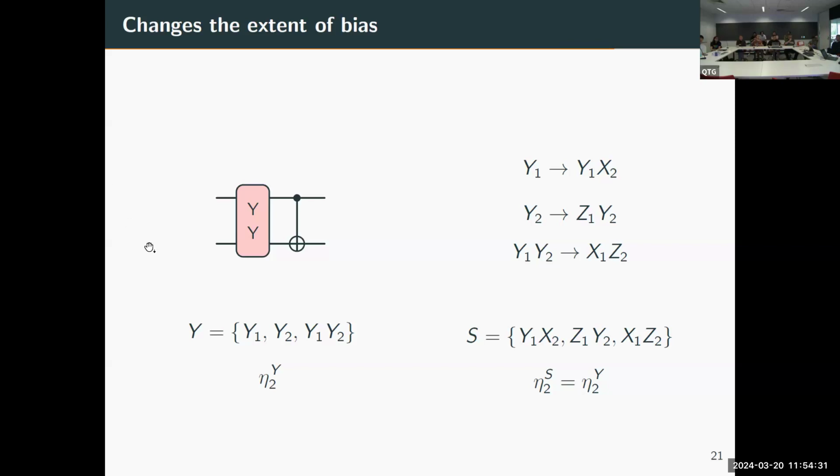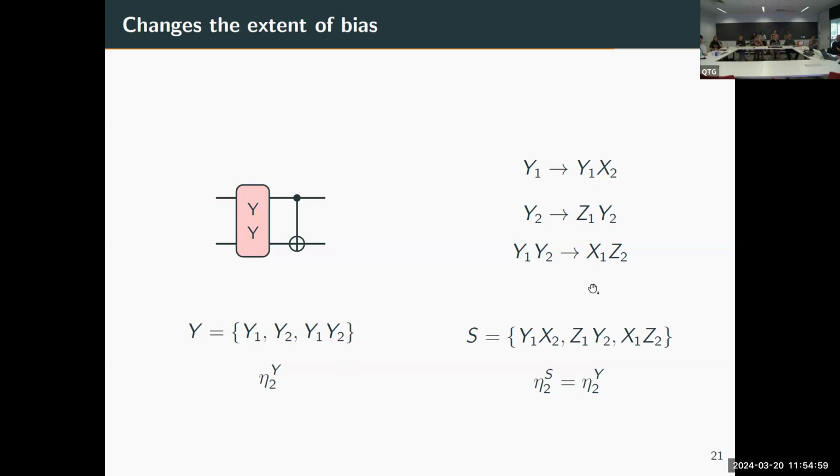But this is quite different to what happens when a Clifford acts, because when a Clifford acts normally, you will get a different level of bias at the end, right? The Y bias before this Clifford will be different to the Y bias after, because Y1 will become Y1X2 and so on. These will all map, right? But hypothetically you could define a new form of bias such that the overall extent of bias is the same.